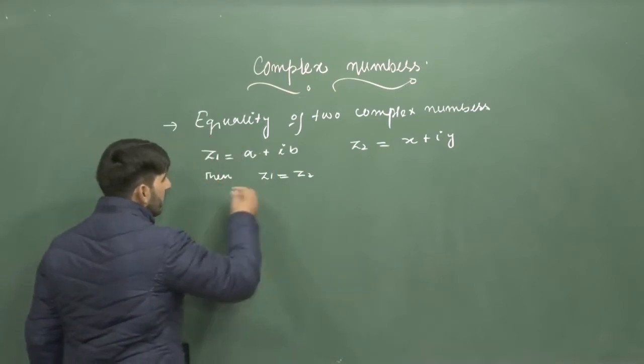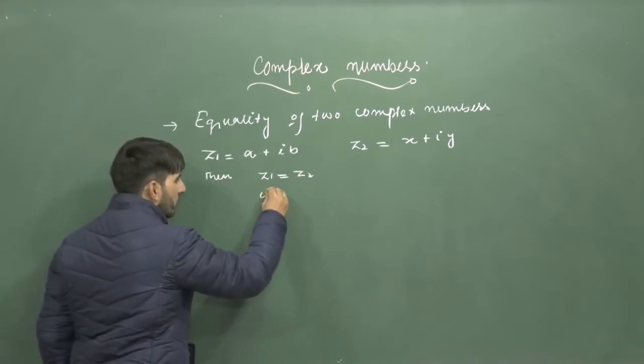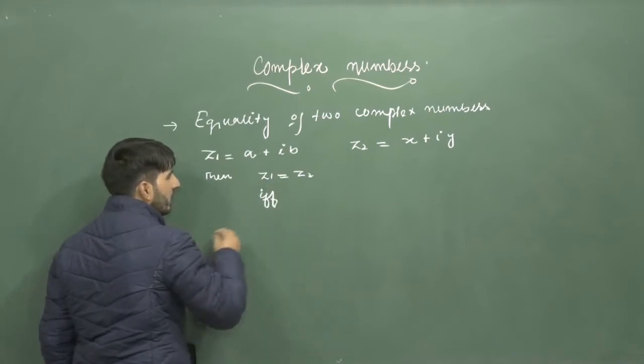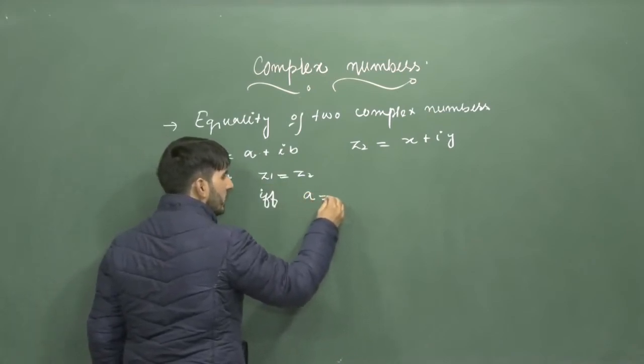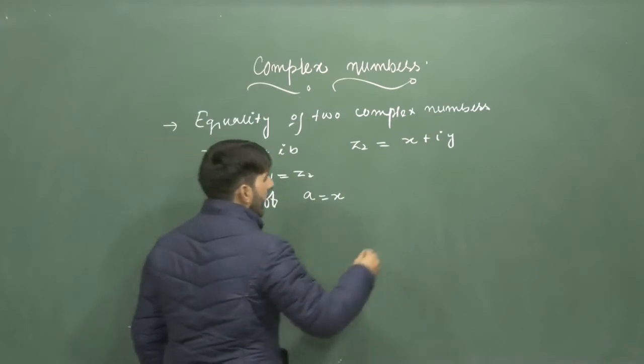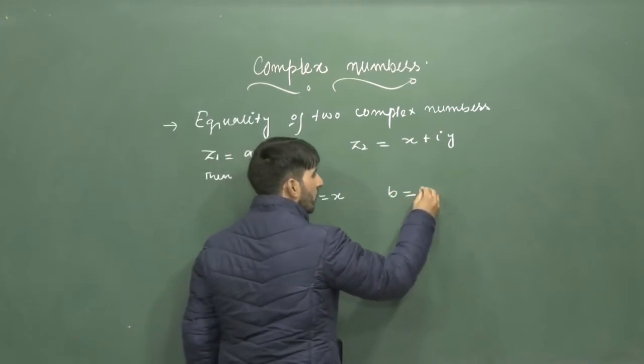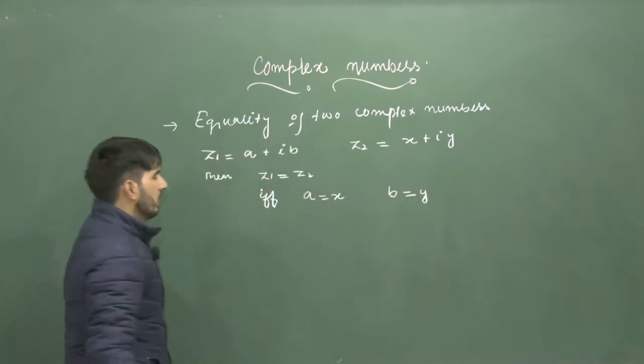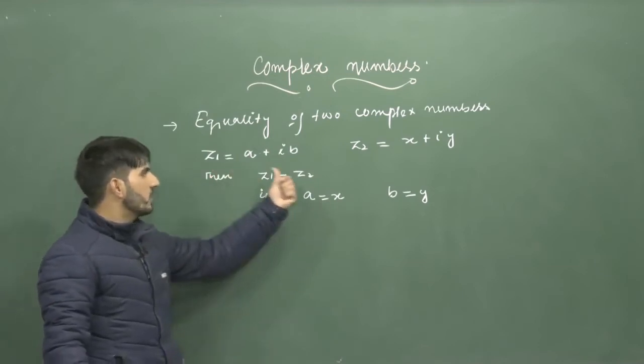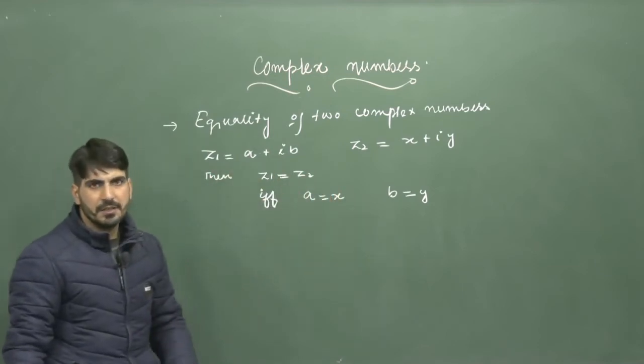That is, z1 is equal to z2 if and only if a is equal to x and b is equal to y. Then we can say these two complex numbers are equal.